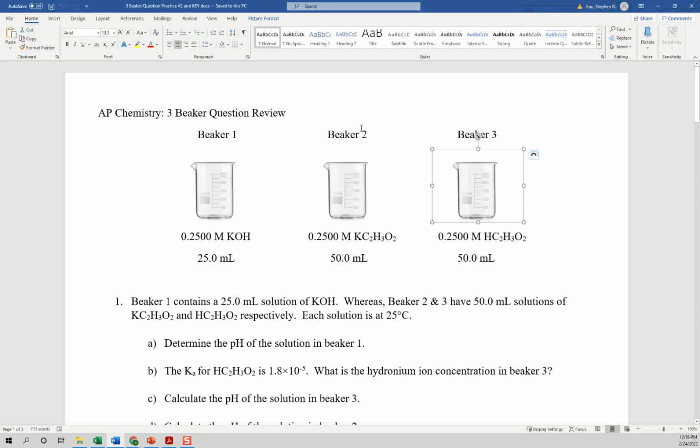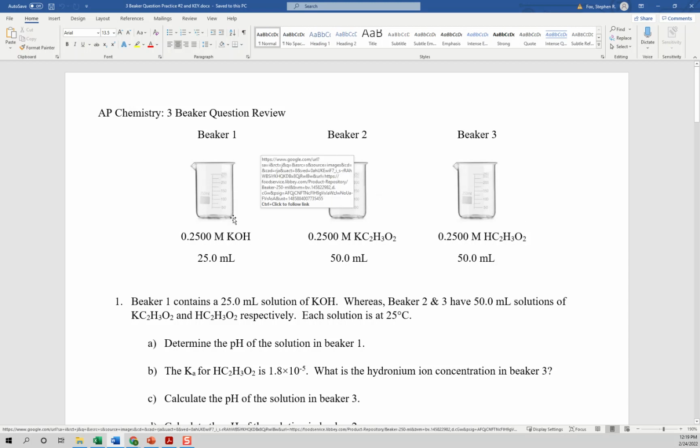If we mix beaker 3 and beaker 2 together, we get a buffer. And then if we add beaker 1 to the resulting mixture of beaker 2 and beaker 3, that would be a buffer attack question. So I'm guessing that's what probably is going to happen. We're going to have to know what happens when we mix beaker 3 and beaker 2 together, and then what happens when we take that buffer solution that we made by mixing these two beakers together and we attack it with strong base.